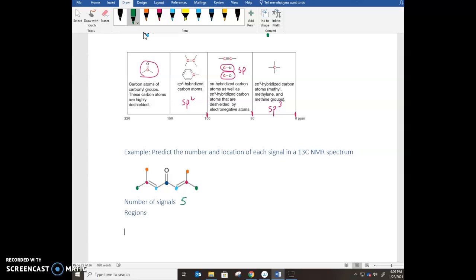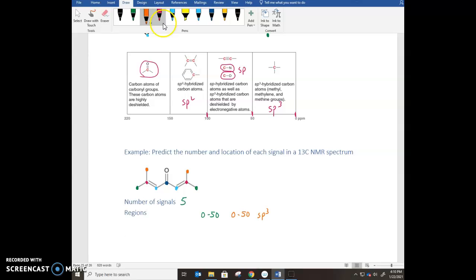Now we need to figure out the regions. Okay, the green and the orange carbons are going to be in the 0 to 50 because they're sp3.